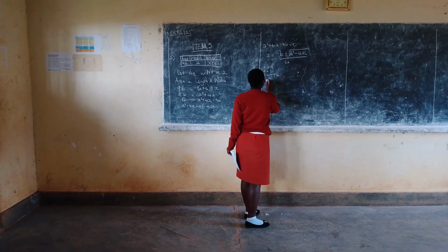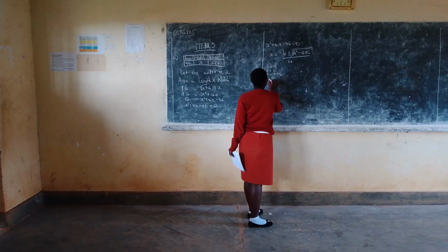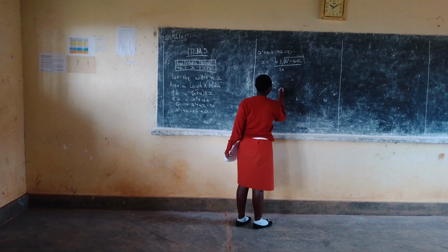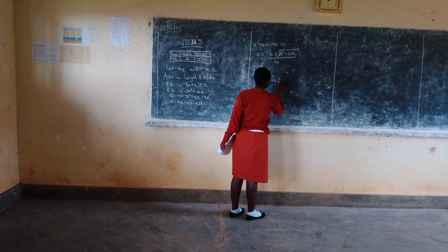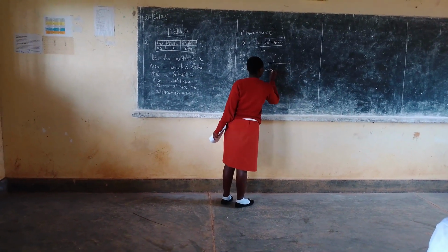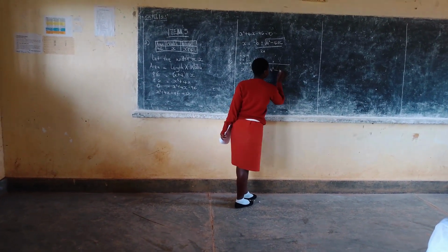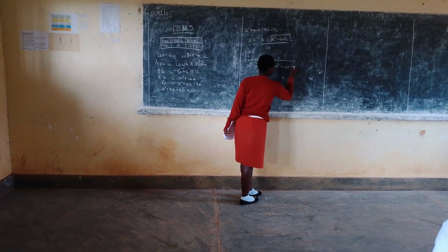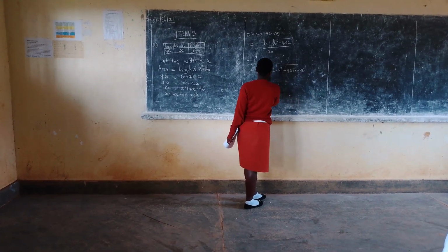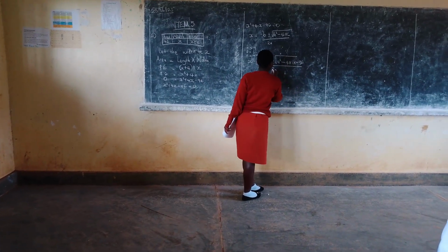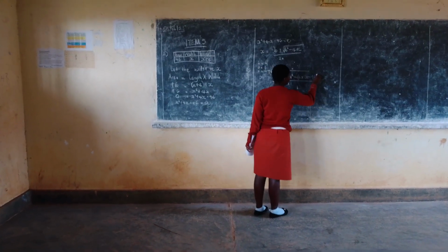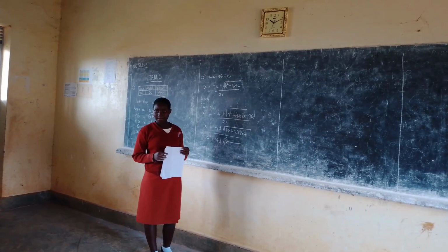So from our formula, we are going to substitute these in now. Negative 4 plus or minus the square root of 4 squared minus 4 times 1 times negative 96. So we are going to put this one in brackets. That gives 400.